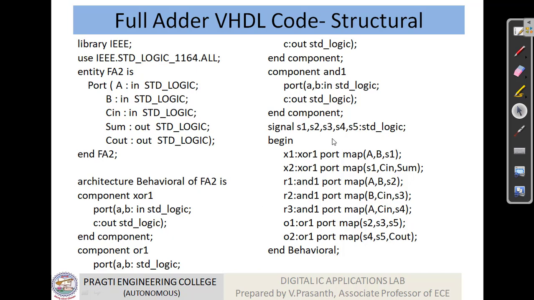First of all, we have to create our own components. The same library IEEE and use IEEE statements will be the same. When it comes to the architecture of FA2, we will be creating the component XOR. We have to create a component for the XOR gate, for the OR gate, and for the AND gate.